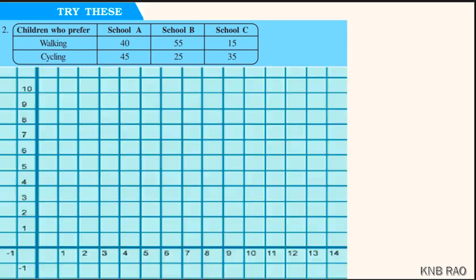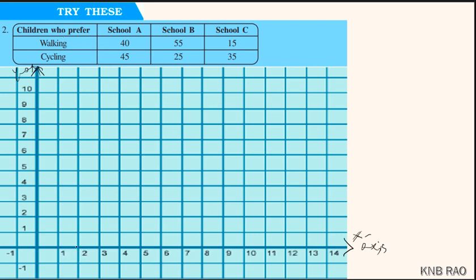For that also we have to take first a graph paper, plot the x-axis and y-axis, where I will consider numerical quantities on the vertical axis, that is the y-axis, and on the x-axis I will consider school names along with walking and cycling.